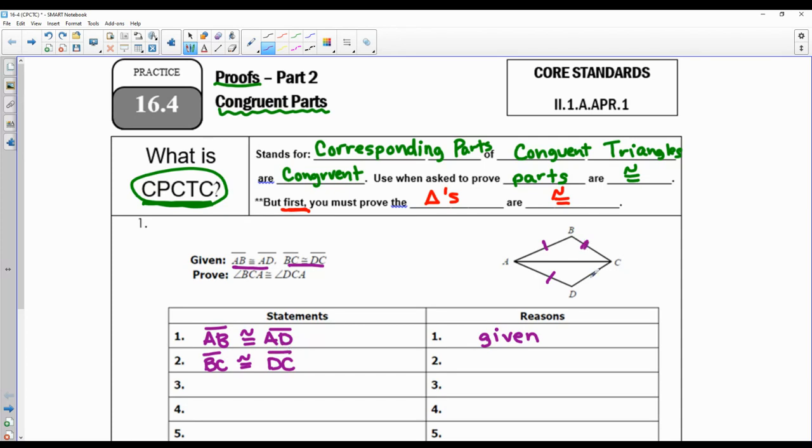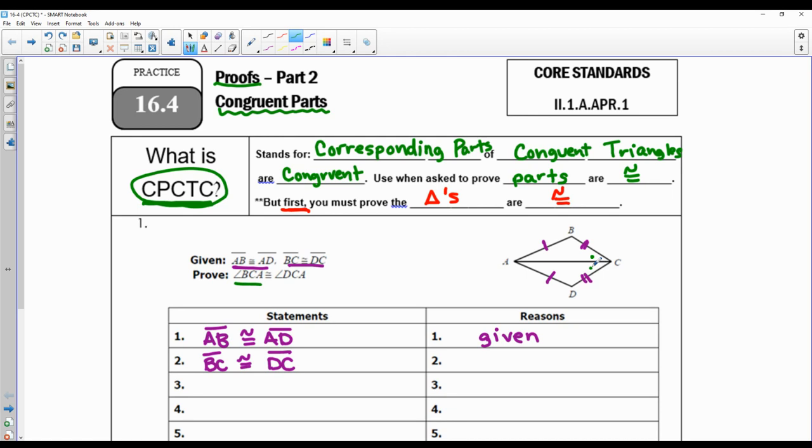Now, what they're trying to have us prove is that angle BCA is congruent to angle DCA. We don't know that those are congruent yet. That's what we're trying to prove.